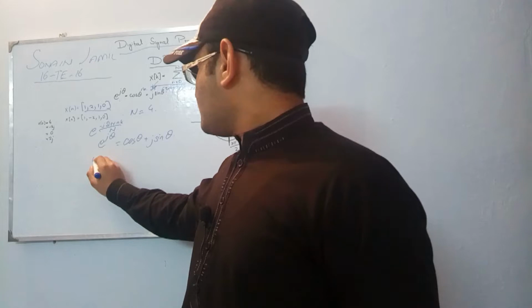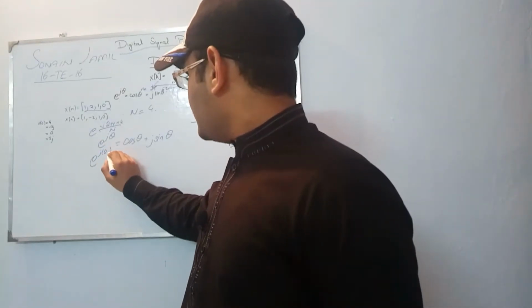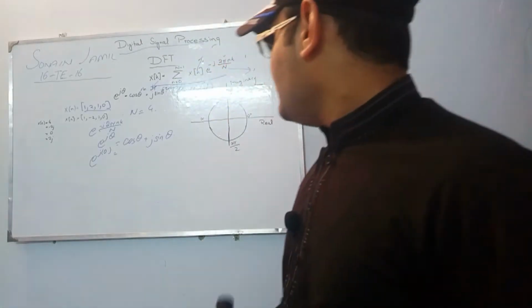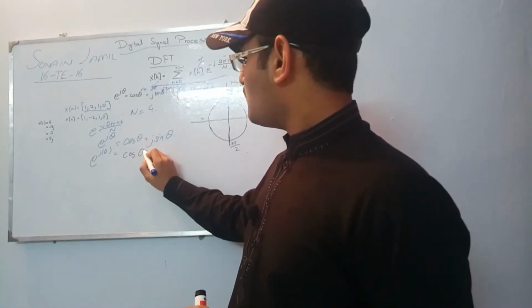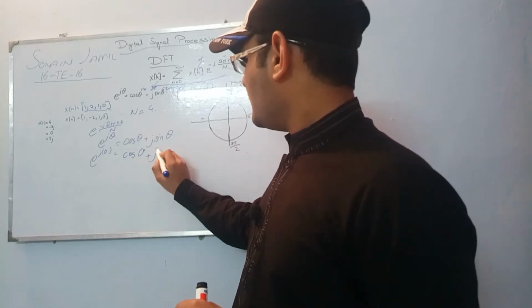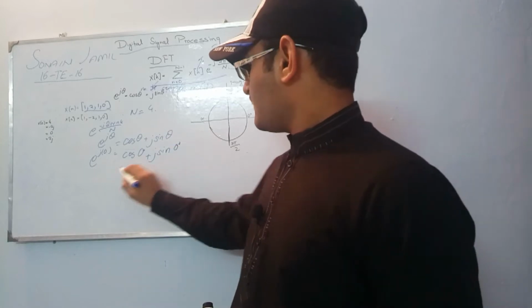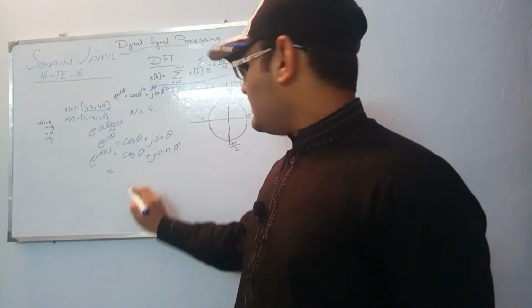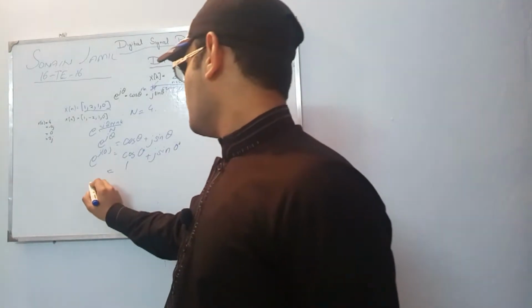Now, if we want to find the value of e power j theta at 0 degrees, we know that cos 0 is equal to 1 and sin 0 is 0.